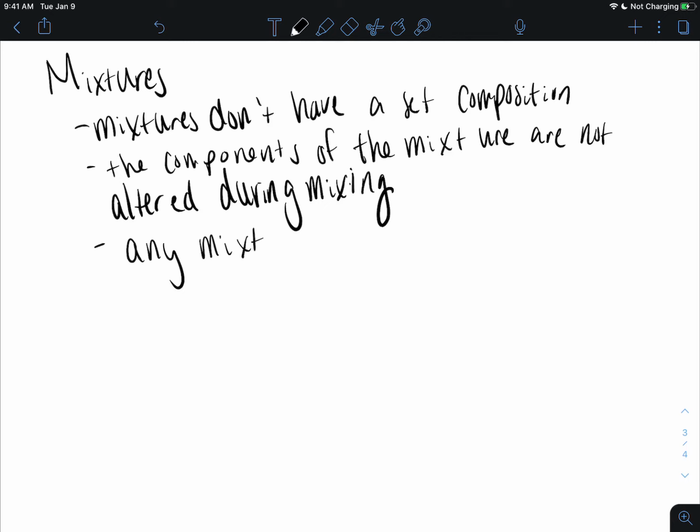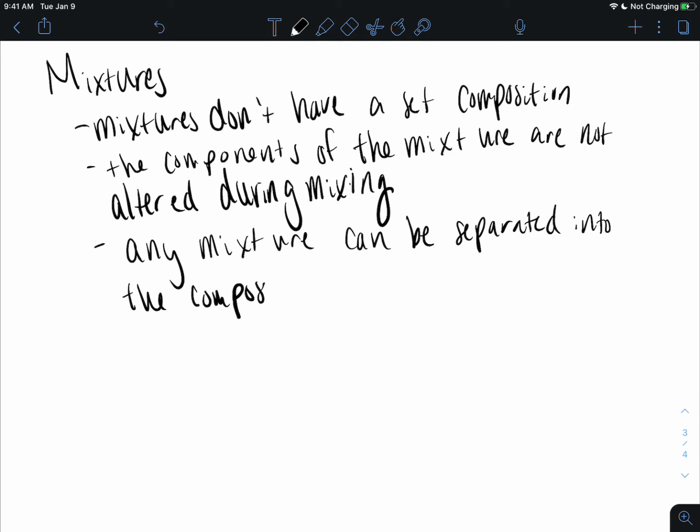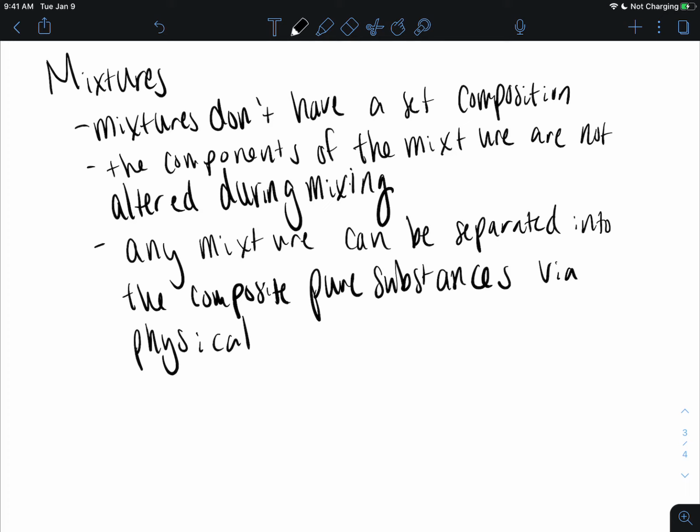Any mixture can be separated into the composite pure substances via physical means.